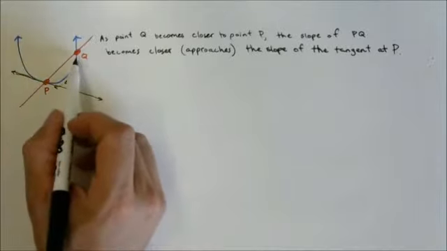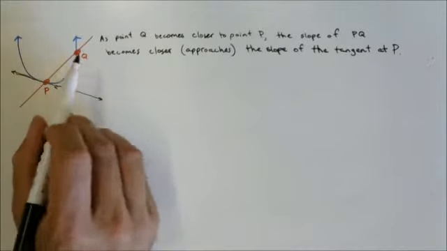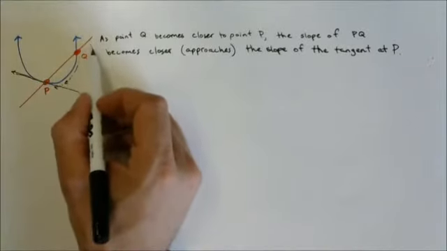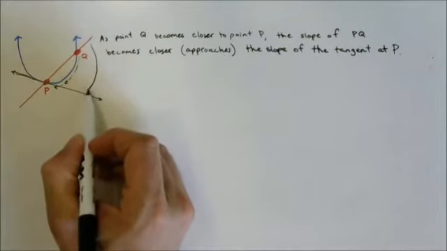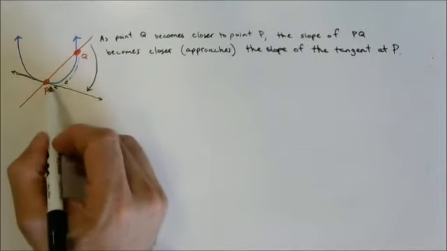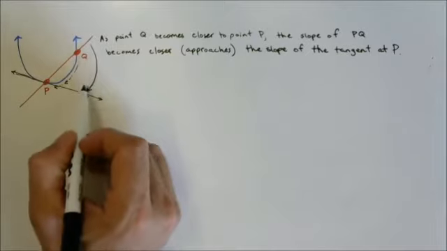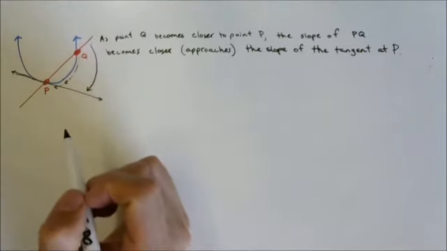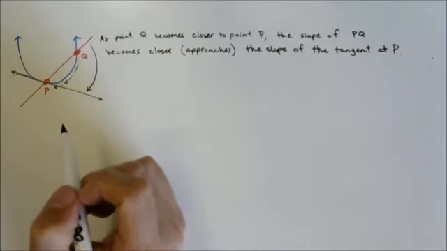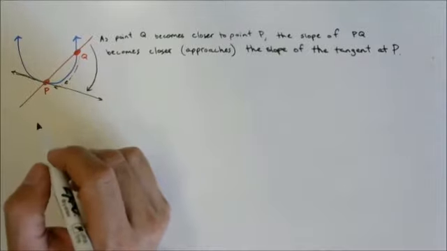If Q were to come down here, down here, down here, you could see our red line would also swing along with it. And the closer we could get Q to P, the closer the red line would be to the black line. The slope would become more and more the same, approaching.